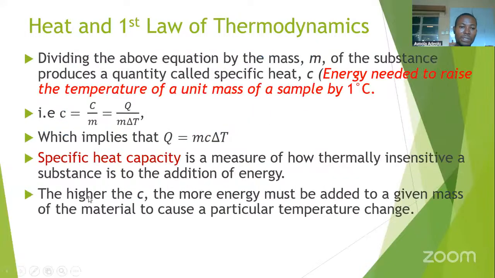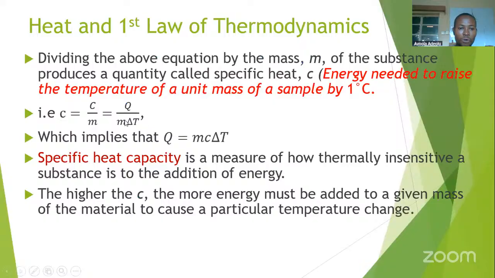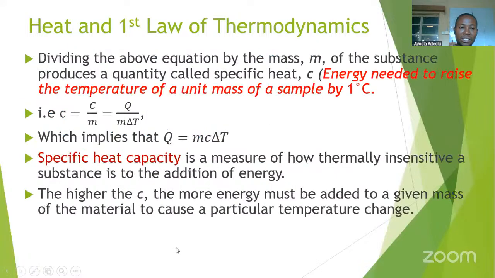Small c and capital C have this relationship: small c, which is specific heat capacity, is equal to capital C over M. Capital C is Q over delta T, so when I divide C by M, I also divide this by M, and that's what is called specific heat capacity.